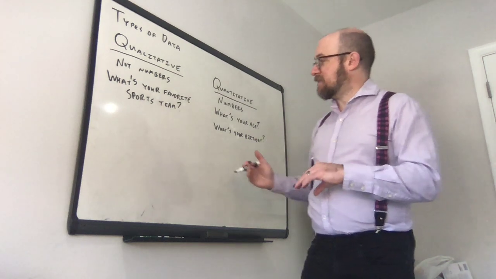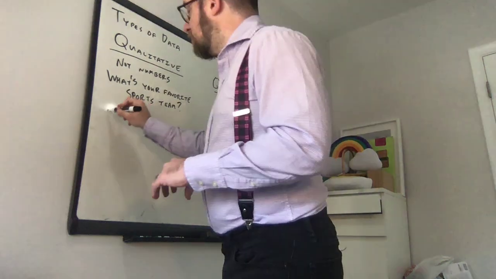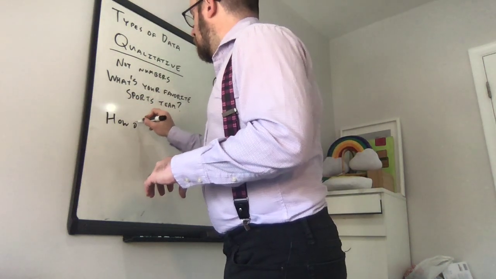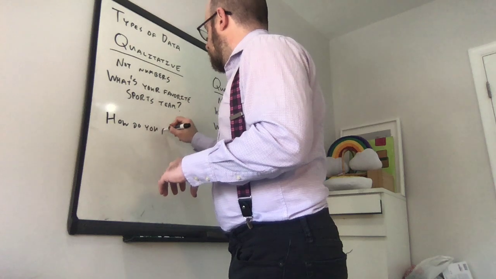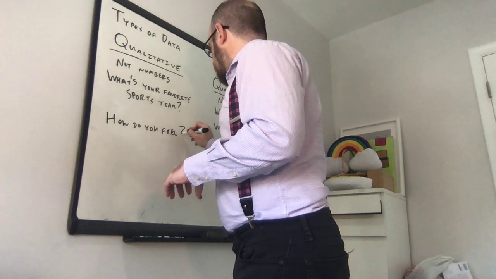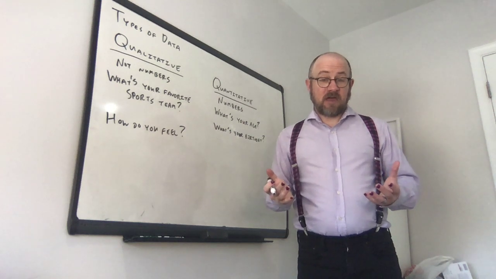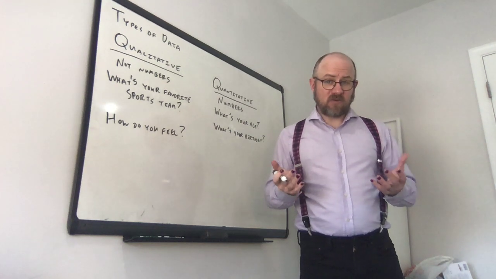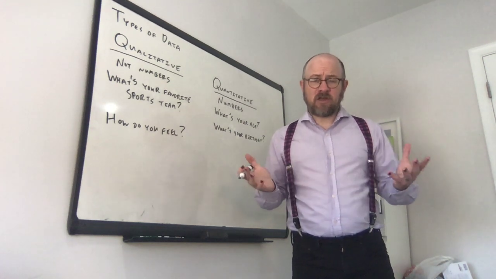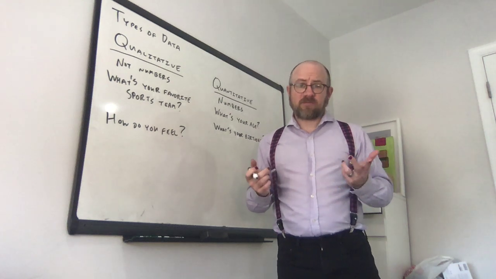Okay, so let me give you an example of that. So if I asked you, how do you feel, right? That's a qualitative question. I'm looking for qualitative data there, right? How do you feel? You wouldn't say I feel 5 or something like that.